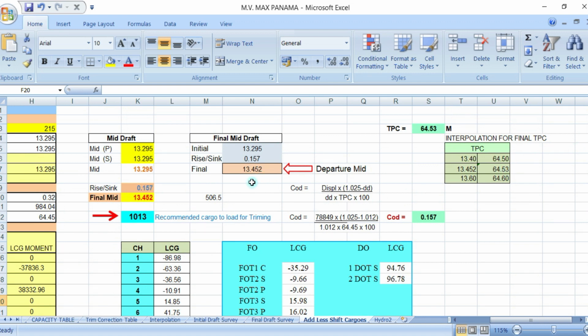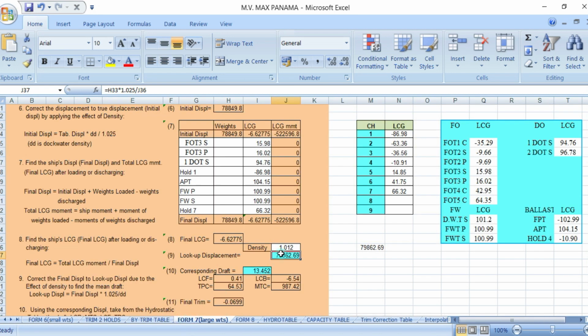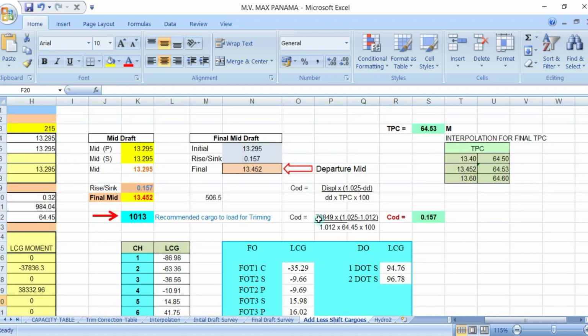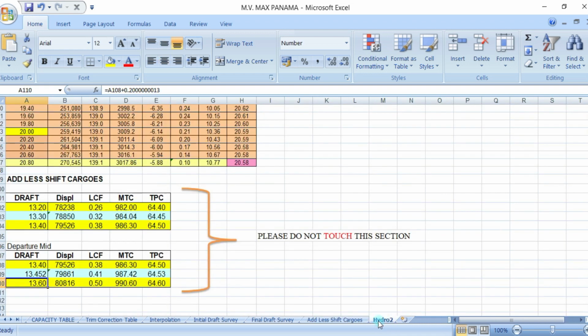That will be his final draft in a density of 1.012. And his displacement is 79862. Displacement is 79861. So the same.